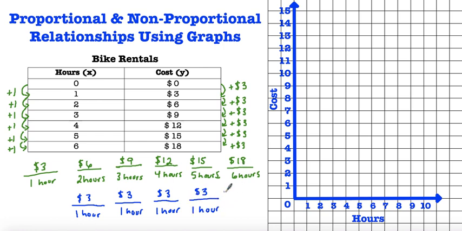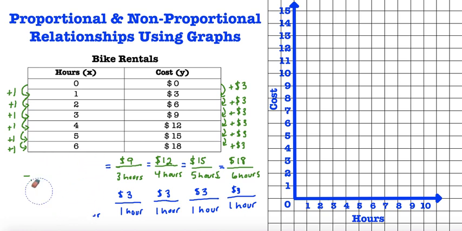And $18 for 6 hours also simplifies to $3 per hour, making all of these rates equivalent. So because these rates are equivalent, we do know it's a proportional relationship. And the constant of proportionality is $3 per hour, so just $3 an hour.